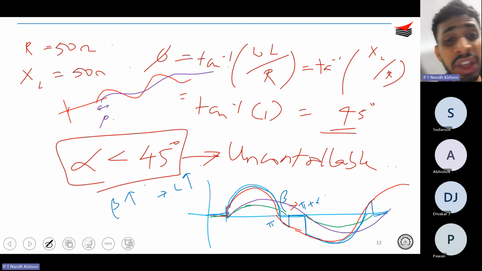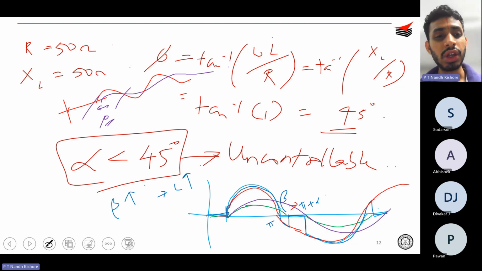Okay, this is something you don't want, right? Your current is also uncontrollable right now, and your voltage is also uncontrollable. Correct? Output voltage and output current both are uncontrollable. And this phase shift lag is purely defined only due to your phi, or your load angle, tan inverse omega L by R. You don't want that. So I wanted to find out at what value of firing angle your converter becomes uncontrollable.